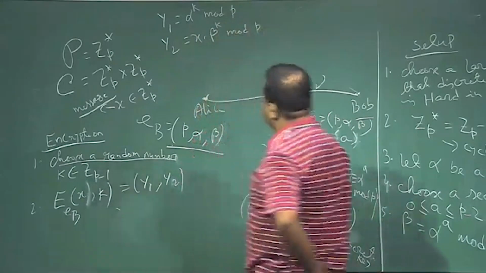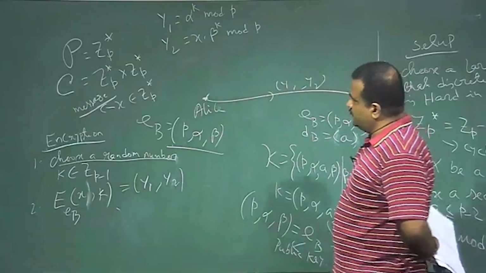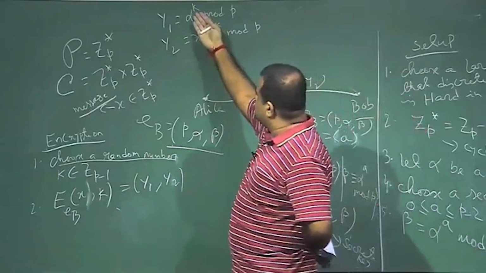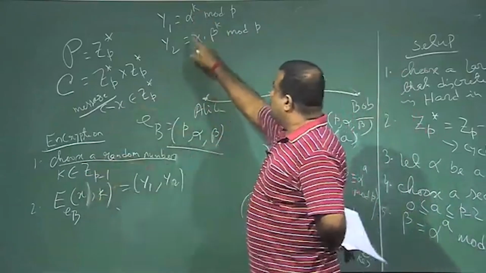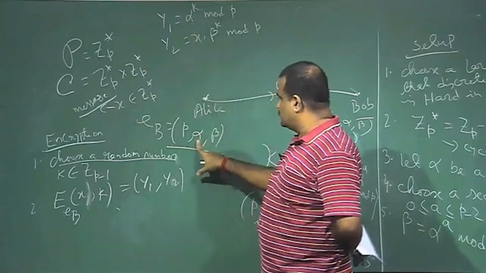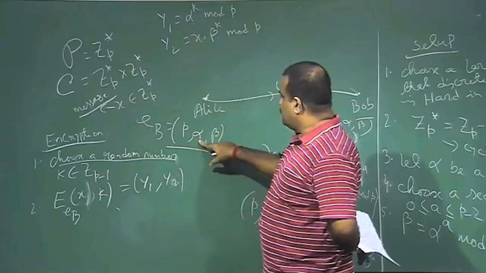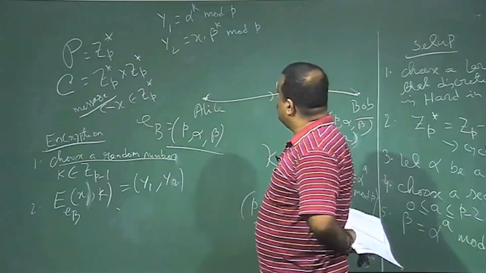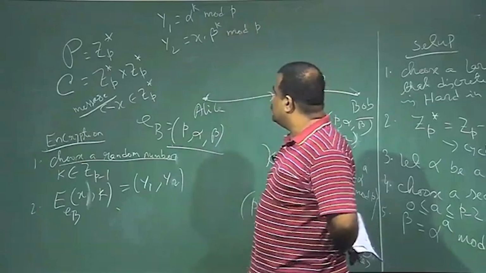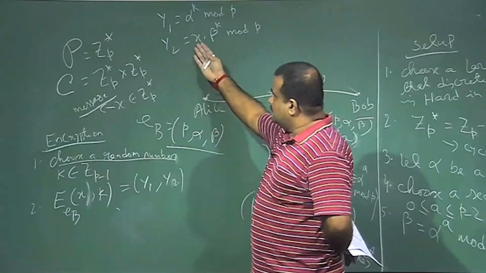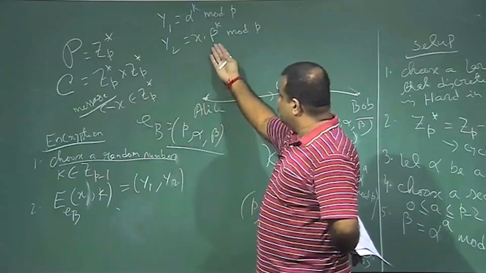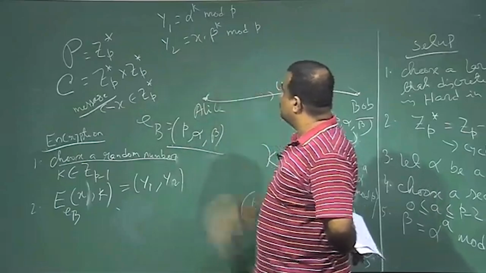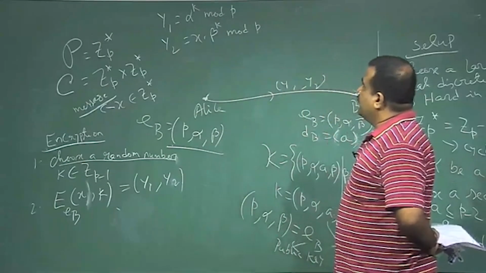Alice can calculate both these values, because Alice chooses k randomly. Alice has alpha, part of the public key of Bob, and p is also public. X is the message Alice has chosen, and beta is public. So Alice can compute beta to the power k mod p.